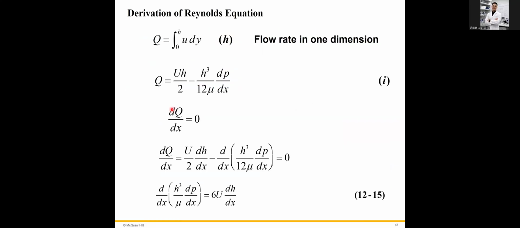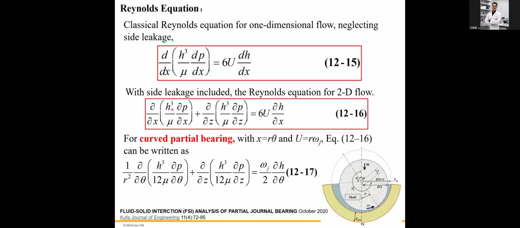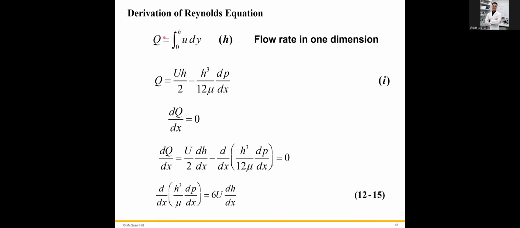Okay, the flow rate Q. The classical Reynolds equation for one-dimensional flow, ignoring the side leakage. We already know it, right?